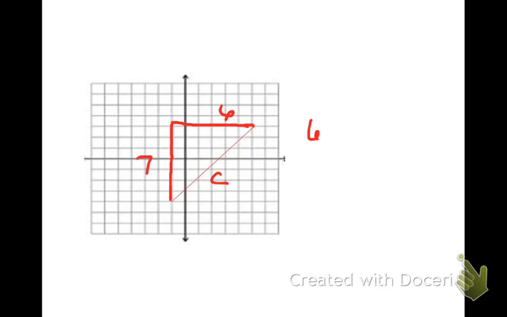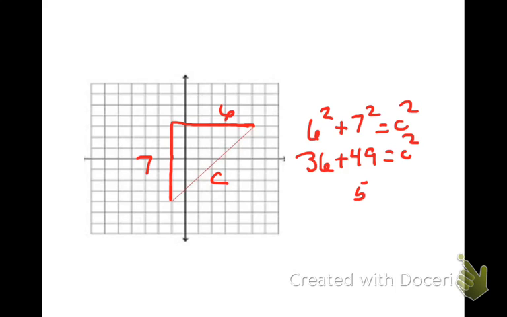So we get 6 squared plus 7 squared equals C squared. 36 plus 49 equals C squared. Add those together, you get 85 equals C squared. Again, we don't want C squared, so we take the square root of each side, rounding to the nearest tenth, 9.2 units long. So that's how you can do it in picture form.